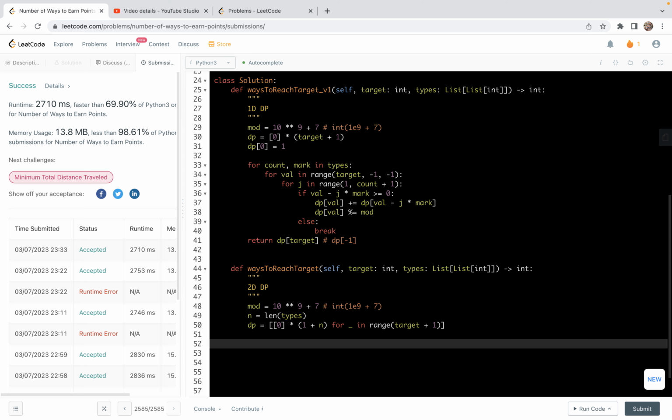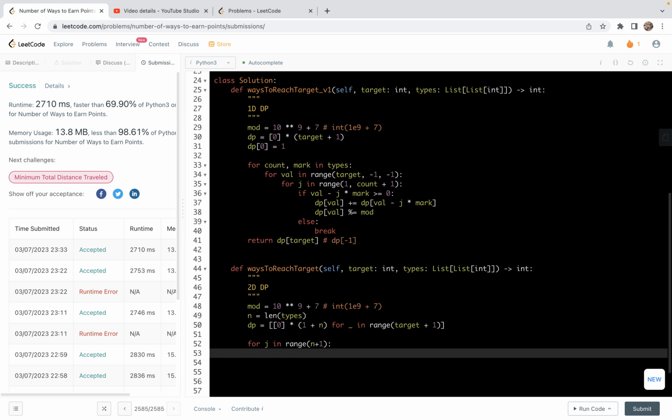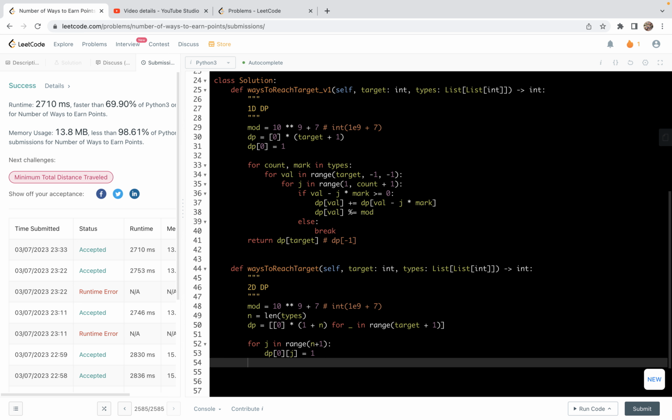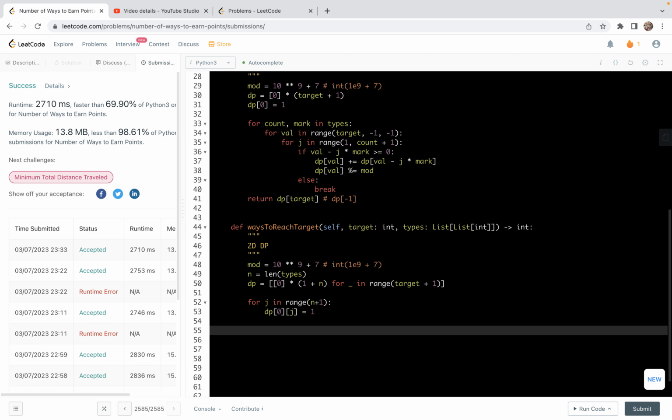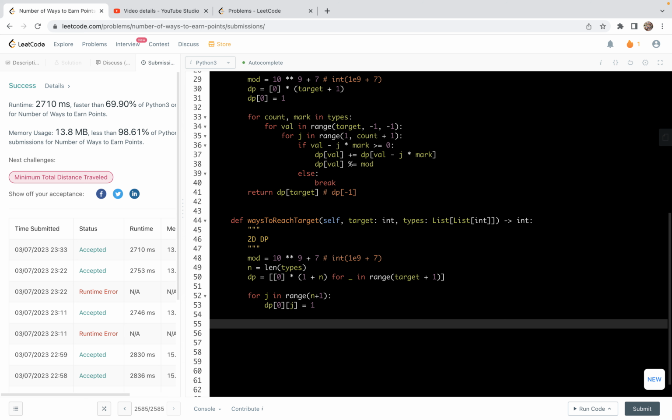If you regard dp as a matrix, 1 plus n is the number of columns. For a dummy index in range, I'm going to use target plus 1, right? In other words, this dp has a size of target plus 1 times m plus 1, right?